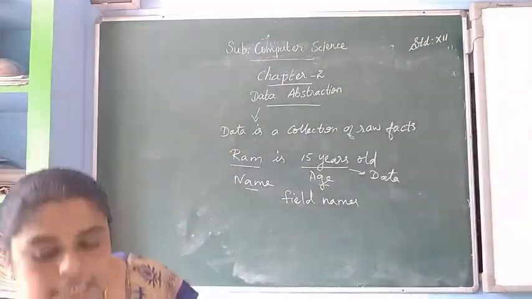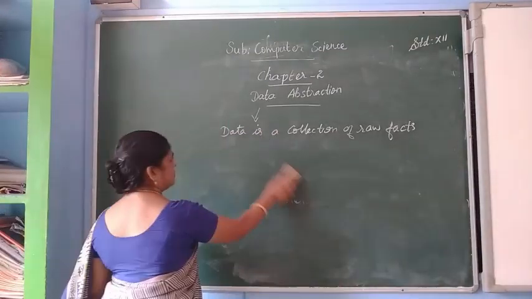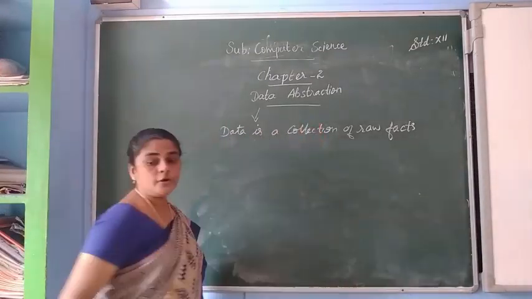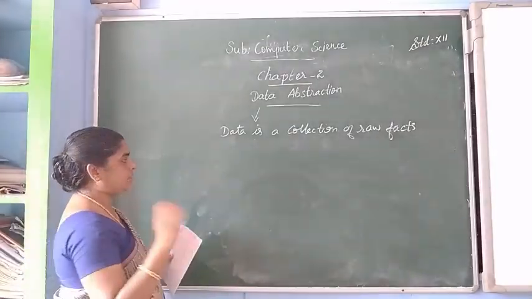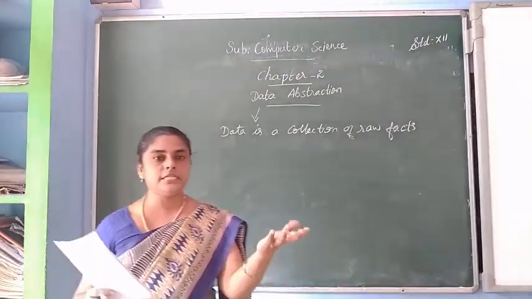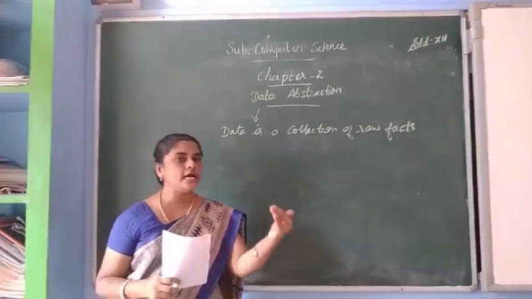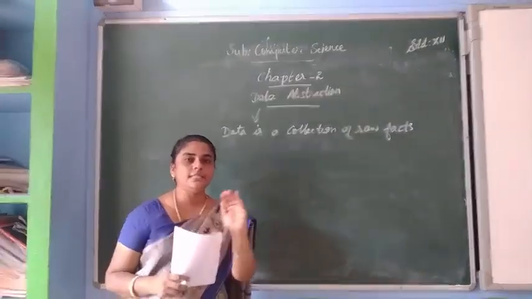The next we can see what is abstraction. See one example. When your parents come to pay the fees in our school, your parents can ask your fee details at the office. They will say the fee details.